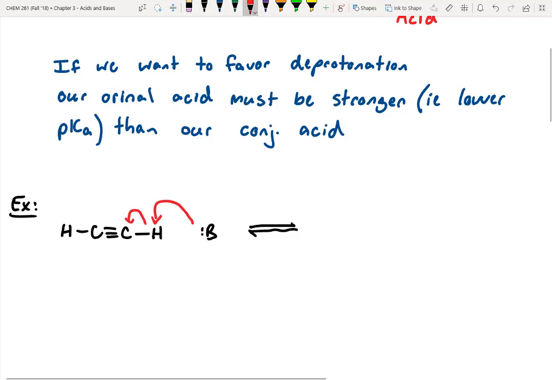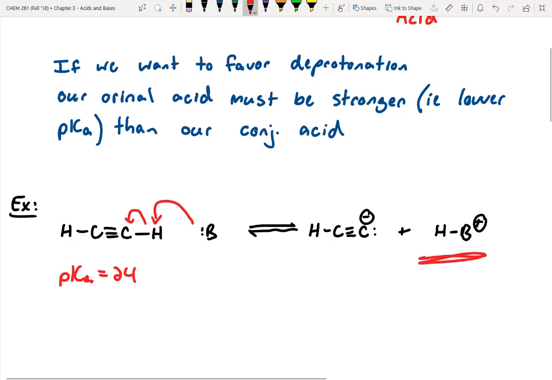We really want to deprotonate this and form our acetylide anion. All right, so first thing I would always do is look up the pKa of my acid of interest, or find something that's approximately close to it. So in my pKa table, I'd say, all right, the pKa value I find for this is about 24.